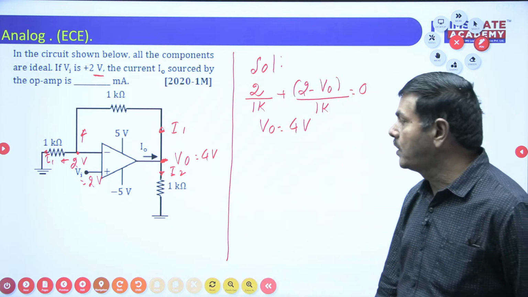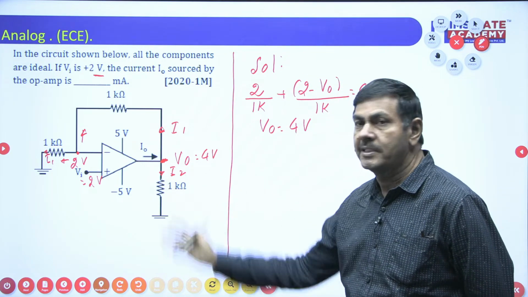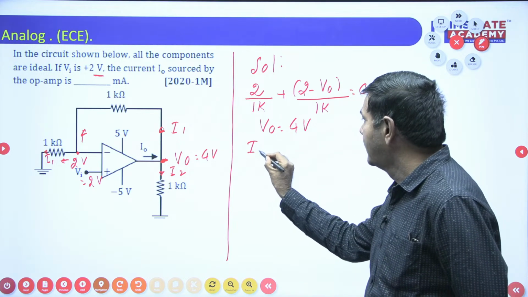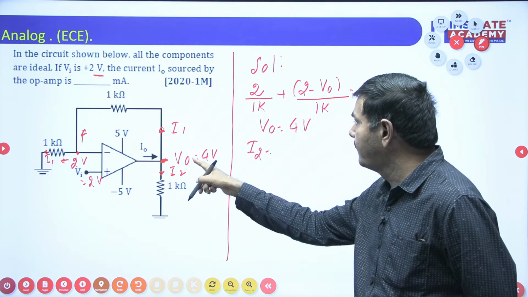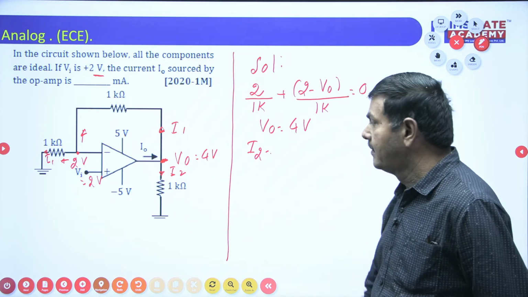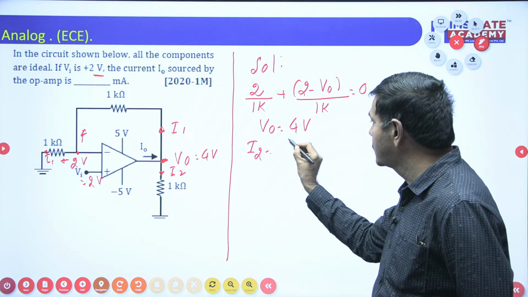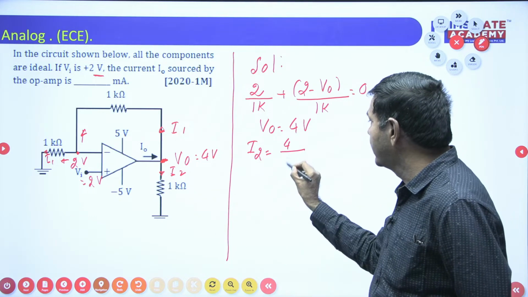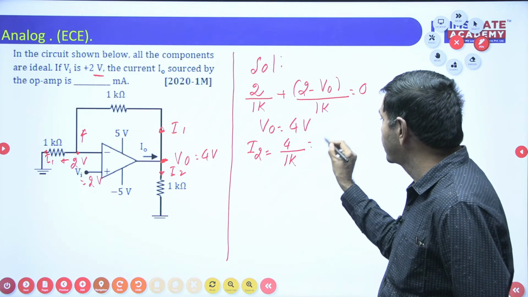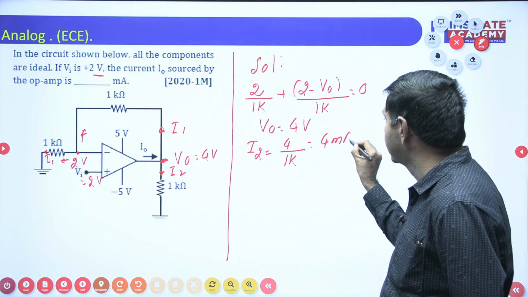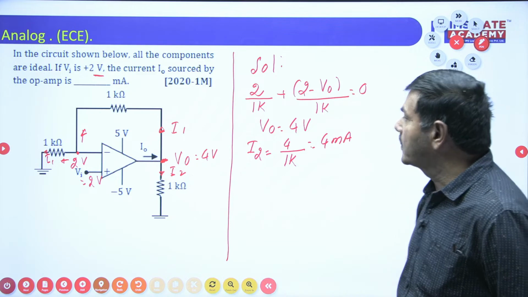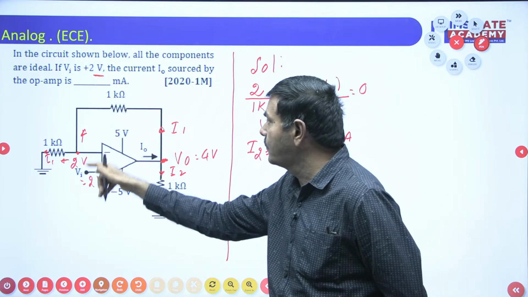By using this voltage, I can measure I2 initially. How can I measure I2? I2 is nothing but V0 by 1K. V0 is nothing but 4 volts. Resistance is 1K. Finally it becomes 4 milliamperes. That much current is passing this side. What amount of current is passing this side? I want to find I1.